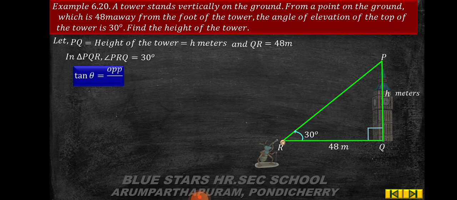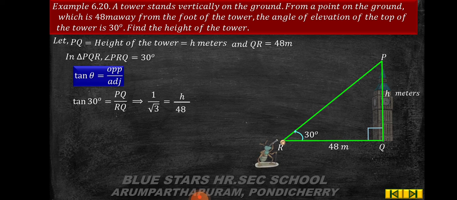Then tan theta is equal to opposite by adjacent. So tan 30 degree is equal to PQ by RQ, and tan 30 degree value is 1 by root 3, which is equal to H divided by RQ, which is nothing but QR, 48 meter.